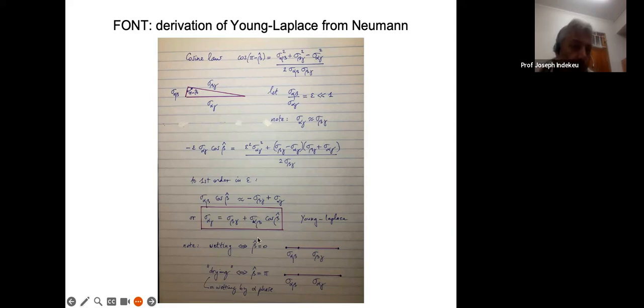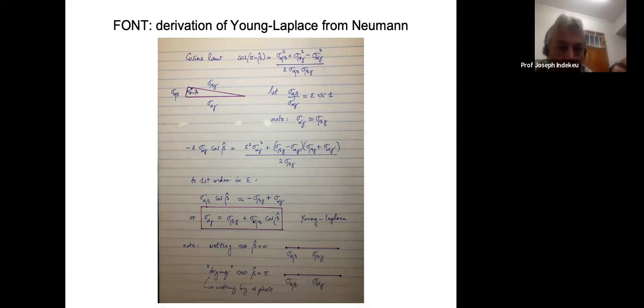We can go to the wetting limit when beta hat is 0. And you see that, as you said before, the Neumann triangle collapses in that limit, but it collapses in this inward way, so that this little piece is sigma alpha beta, and the longer piece is sigma beta gamma.